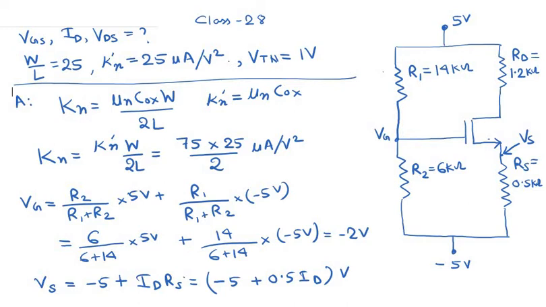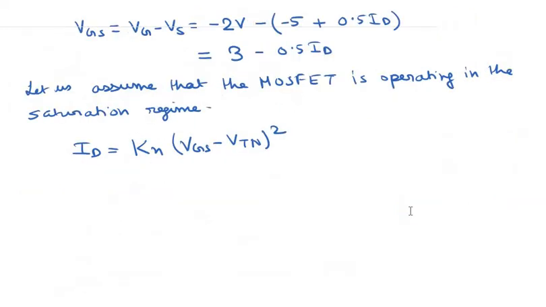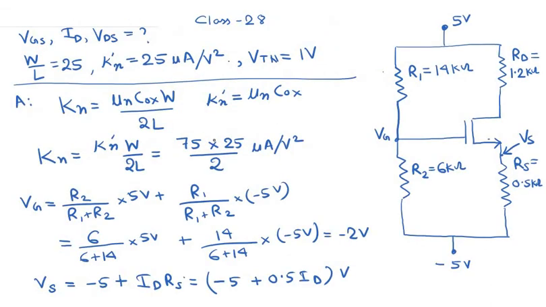Okay, so VGS minus VTN, and Kn, as we calculated earlier, is basically 75 into 25 divided by 2 microampere per volt square, and this is basically equal to 937 microampere per volt square.